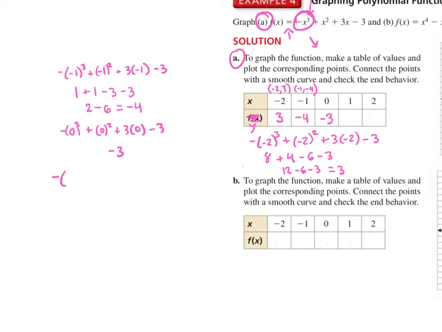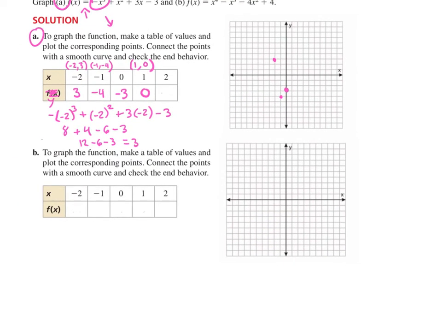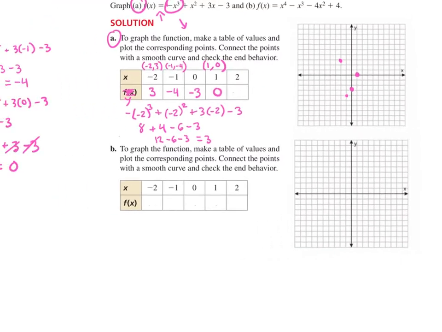So we have negative 1 cubed plus 1 squared plus 3 times 1, which is just 3, minus 3. So this is negative 1, plus 1, and then the 3's cancel out, the 1's cancel out, so this is just 0. So when we plug in 1, we get 0, so 1, 0 is our point. So go to the right one, stay on 0.